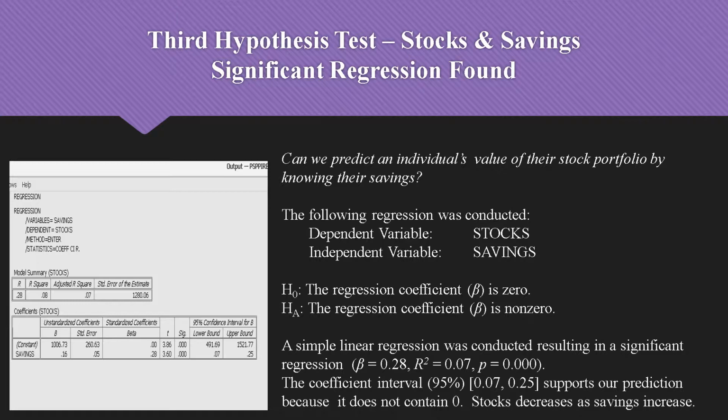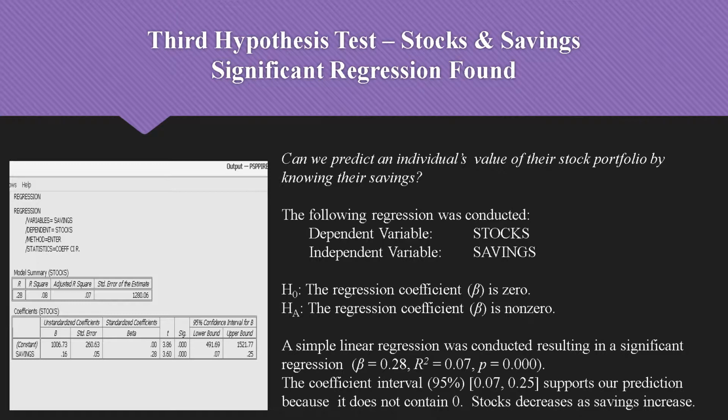a significant regression. Our beta coefficient here, 0.28, our R squared, or coefficient of determination value, 0.07, our p-value is 0.